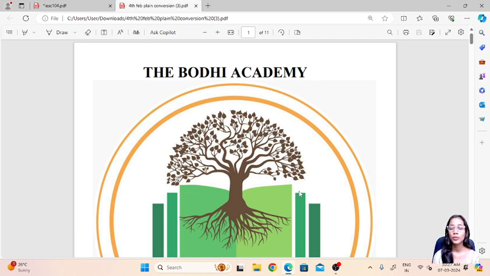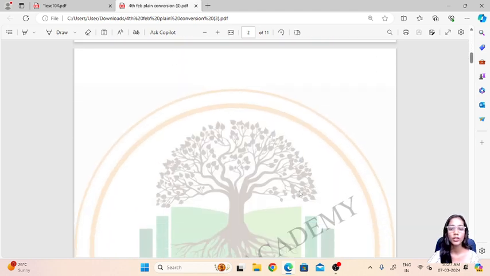Today we are going to see the last part of the chapter from 9th standard science textbook, that is structure of atom. We have already seen some of the concepts and today we are going to deal with the last concept. In the last concept, majorly we are going to study what is the atomic mass. We have studied what is there inside the atom.